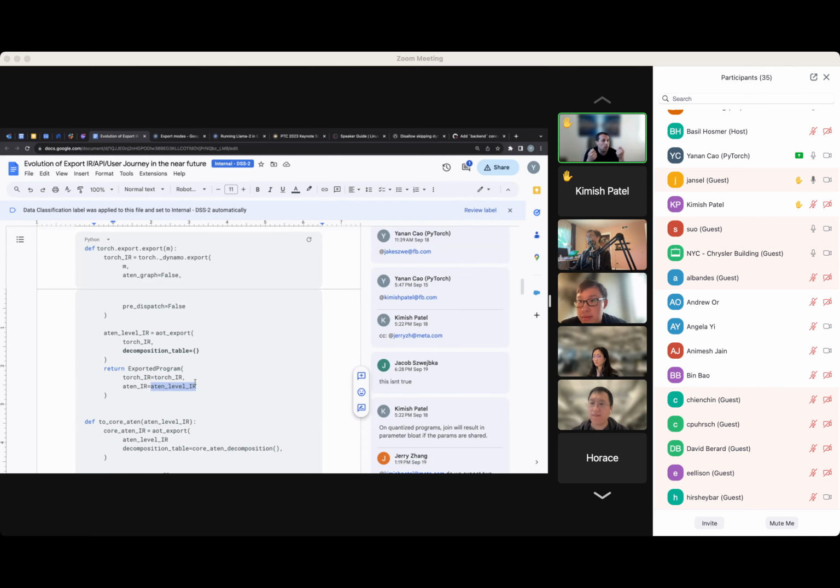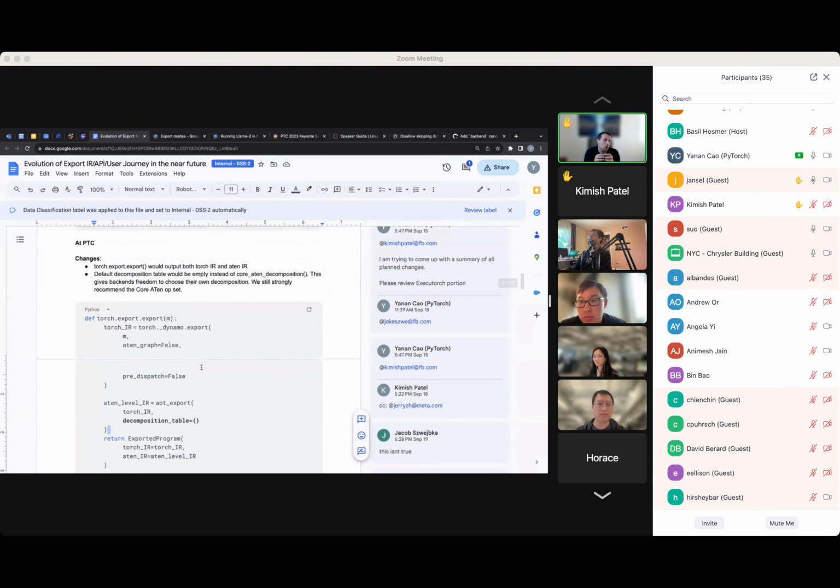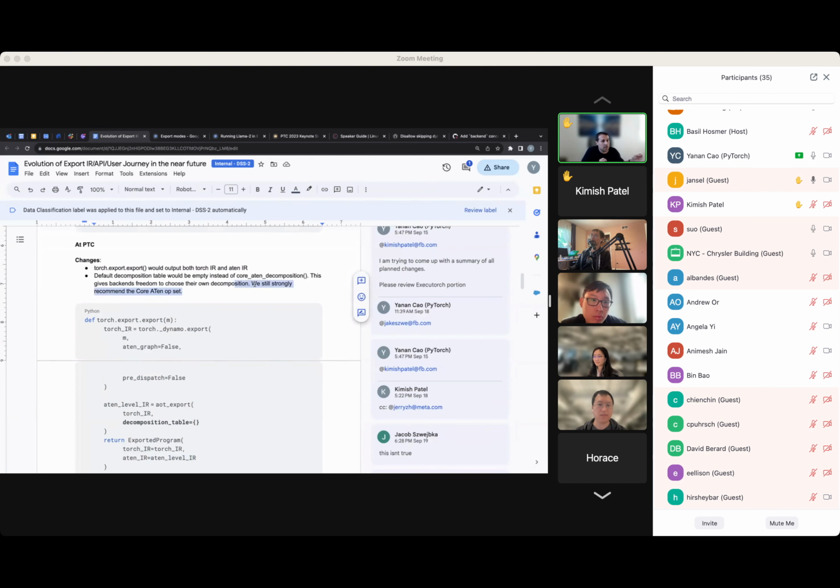And so in practice, I don't think the most important thing is to unify everyone on 1 IR, because there are real reasons why people are going to want different variants of these IRs, and the different variants are good in different places. I think the key thing is that you should be able to convert the thing returned by export to the IR that you want, right?